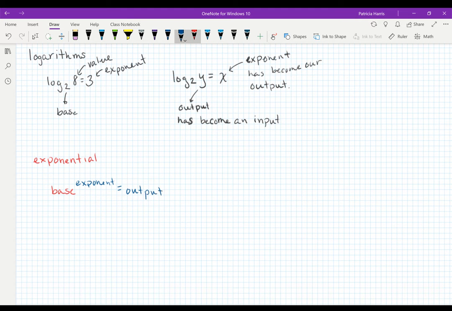Okay, but with a logarithm, we have the log with the base with our output equal to our exponent.